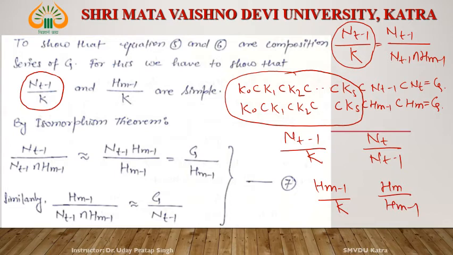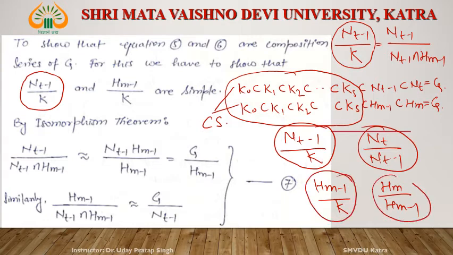Since these two series are composition series, these factor groups are simple by the definition of composition series. Now we have to prove that this factor group is isomorphic to one of these two.